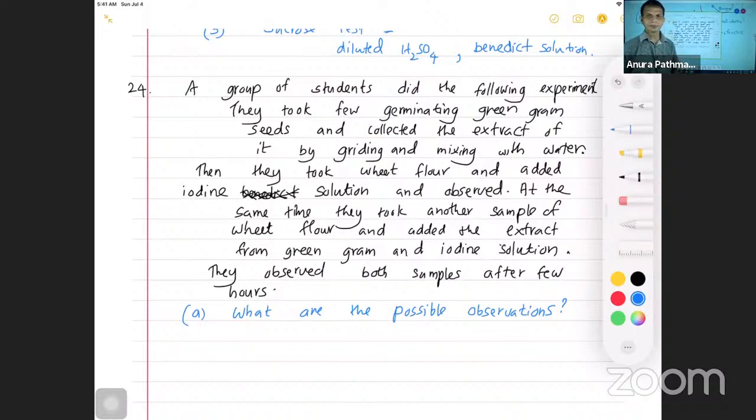Yeah. The set of students took a starch solution with flour, put it into two vessels, and then took the germinating green gram, ground it, mixed it with water, and kept the extract aside.